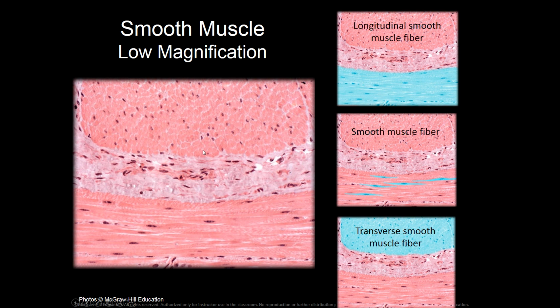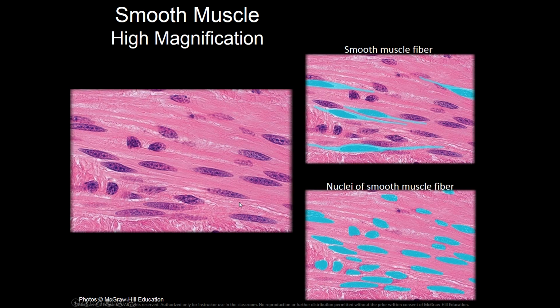So this is how the smooth muscle fibers look like. They are arranged in layers. So this is the longitudinal layer of smooth muscle, and it's here. And then you have a transverse layer, which is this, and they can propel organs.